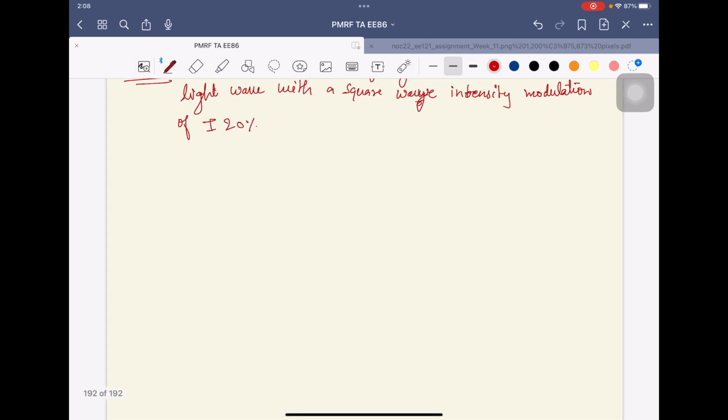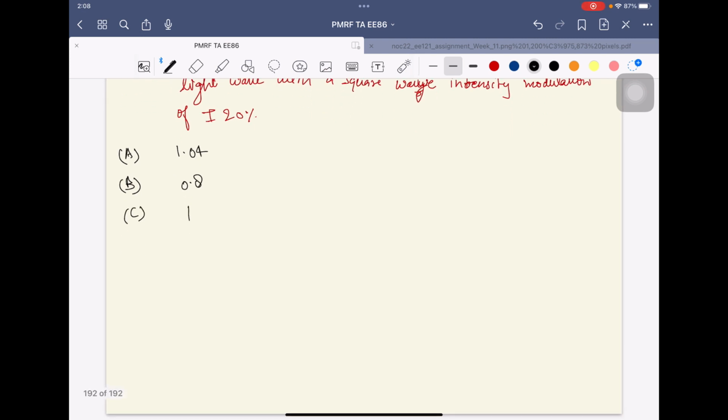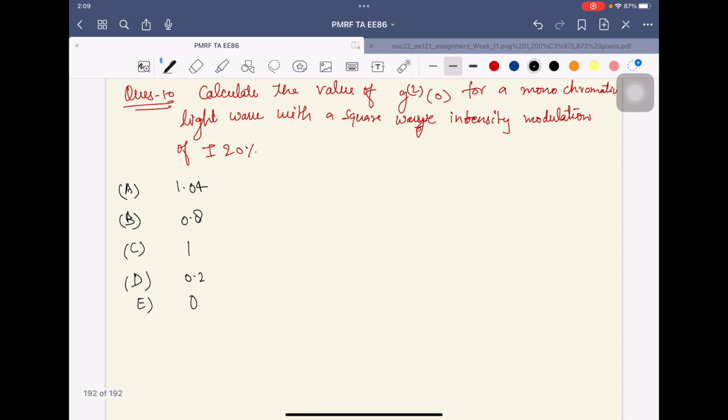Your options are A, 1.04; B, 0.8; C is 1; D is 0.2; and E is 0. So what will be the answer? Just solve it in 5 minutes.